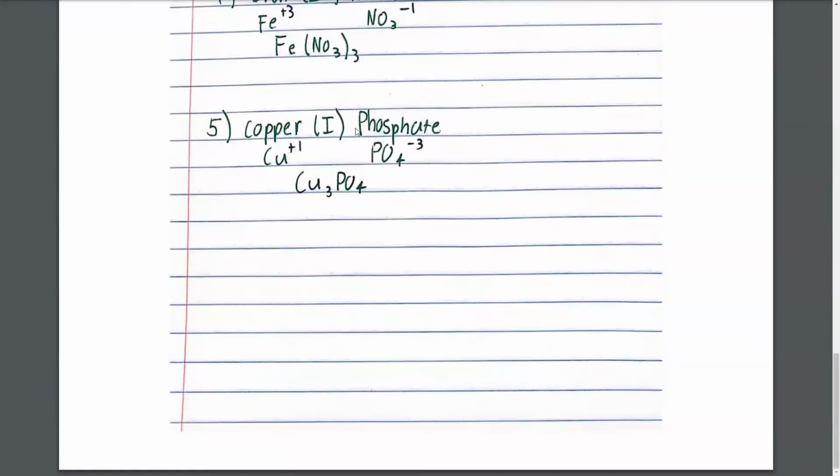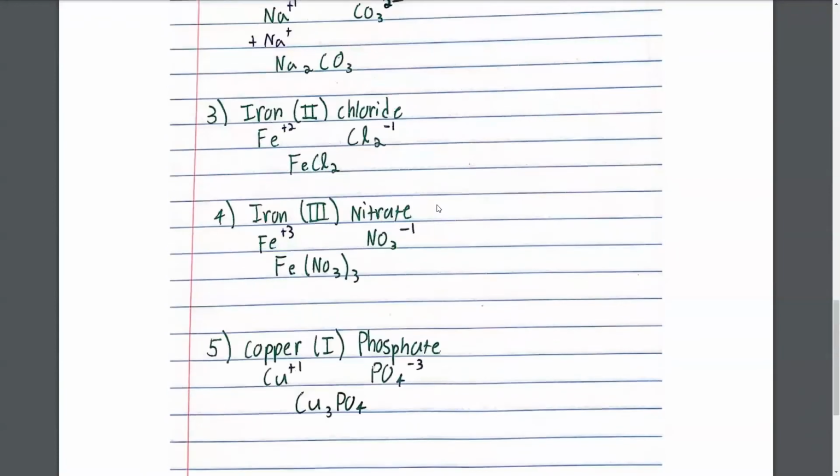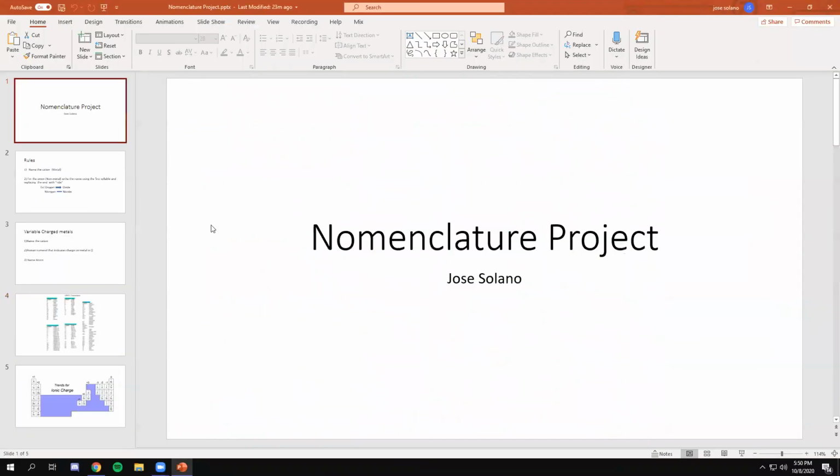As for copper(I) phosphate, we have one copper and then phosphate, PO4, which has a -3 charge. Copper is going to come straight down, and we have to add 3 coppers in order to equal phosphate's -3. So this would be Cu3PO4. I hope this helps explain nomenclature, and thank you.